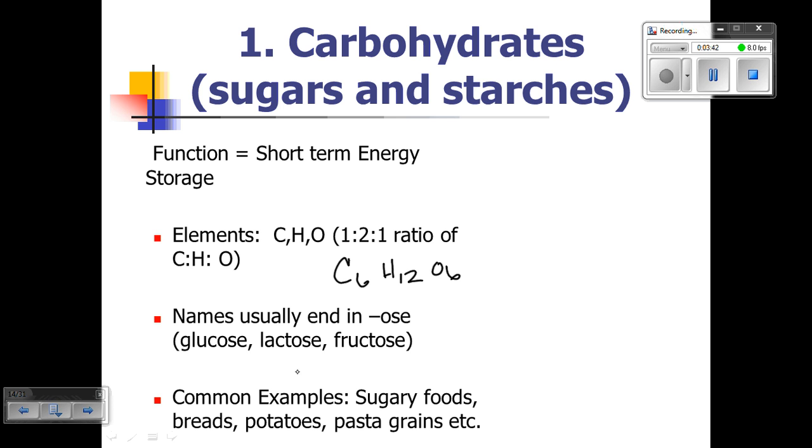So we've got glucose, lactose, and fructose. Some common examples are sugary foods such as fruit drinks, popsicles, ice cream, and breads, those that contain starches. Potatoes have a lot of starch, and pasta has a lot of starch. So these are all foods that are high in carbohydrates.